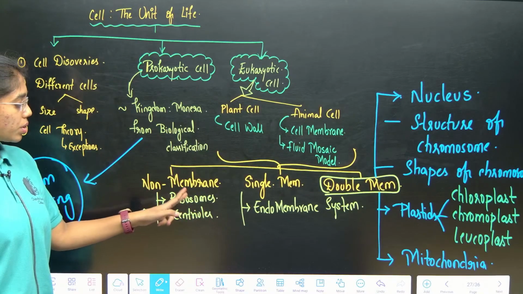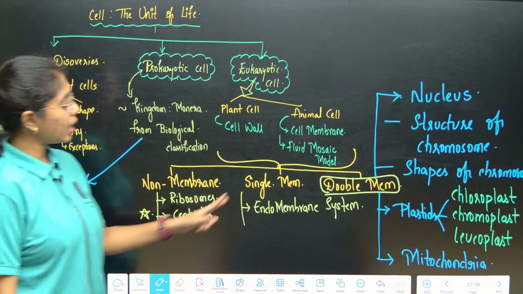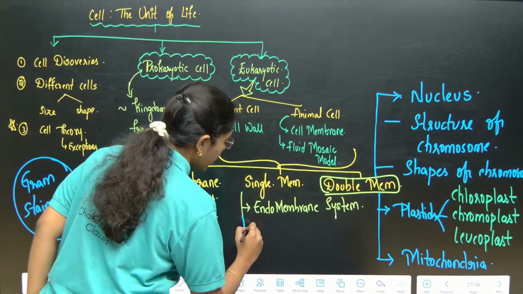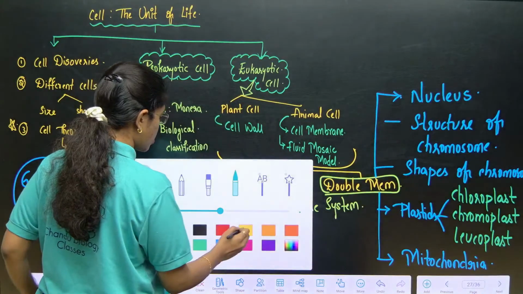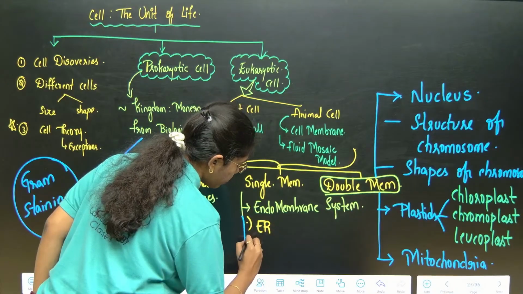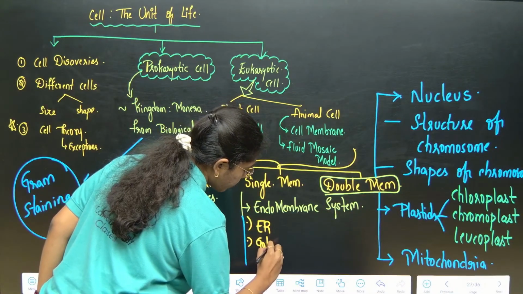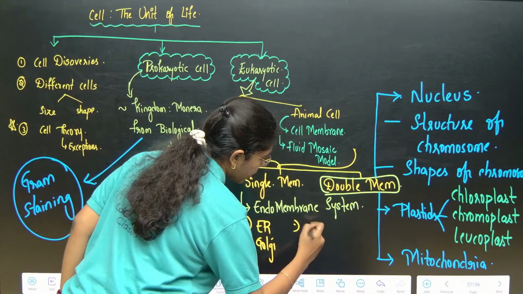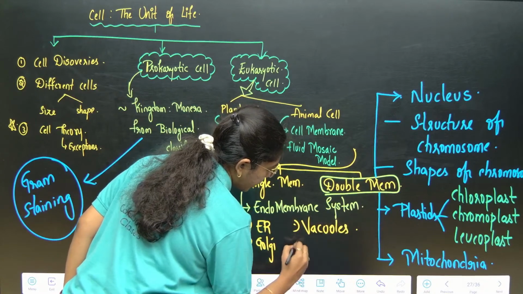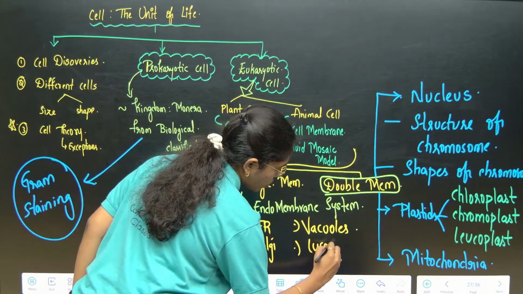Non-membrane bound includes ribosomes and centrioles. Single membrane bound, where you have to learn completely about endomembrane system. Here 4 organelles will come into picture. What are those 4 organelles beta? Endoplasmic reticulum, Golgi bodies, and then vacuole, and then lysosomes.